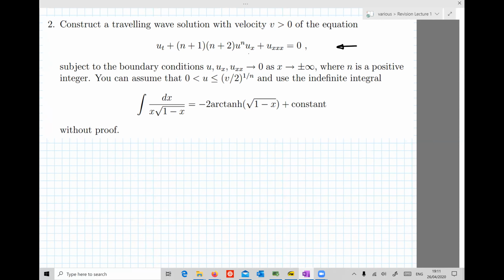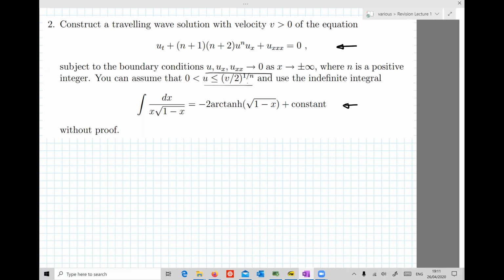And we have boundary conditions that u, u_x, and u_xx go to 0 as x goes to plus or minus infinity. And so we're told that we can use this indefinite integral here, and we can assume that u is between 0 and (b/2) to the power 1 over n.